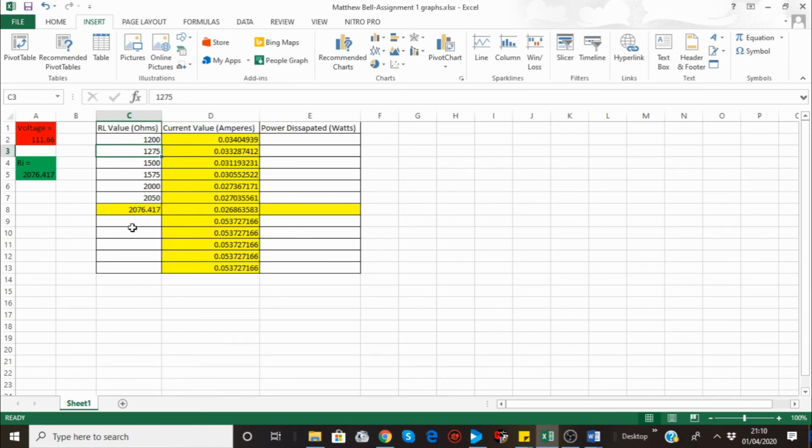So we just go through various values and then go up, 2100, 2175, 2200, and so on, 2250.